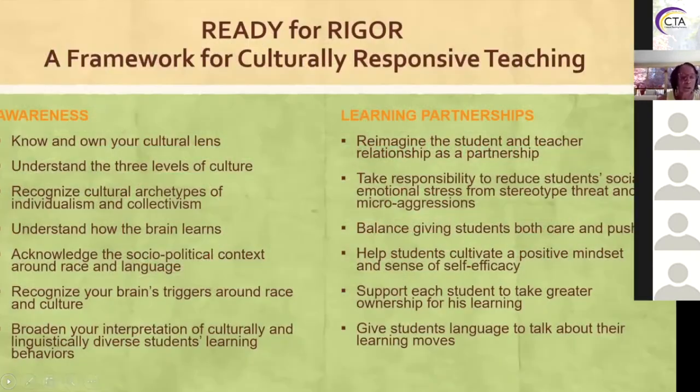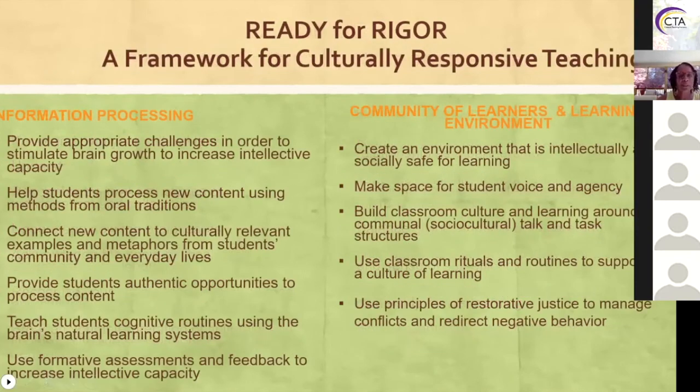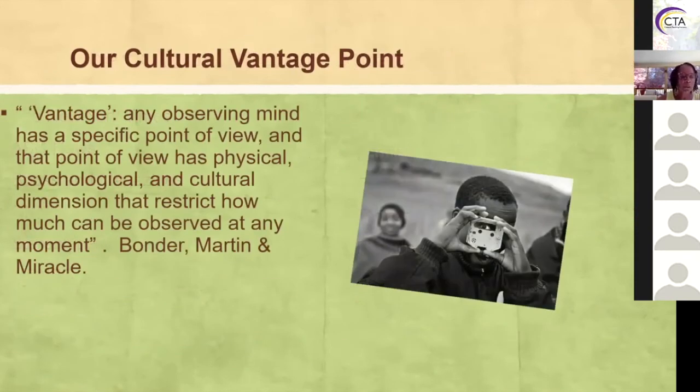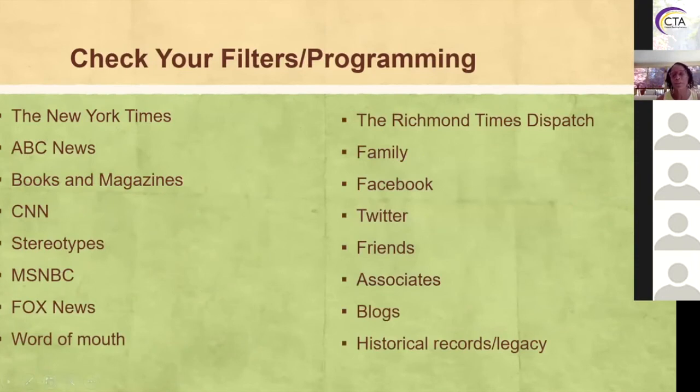I'm going to jump ahead because I want to ask this and then I'm going to stop. I want to leave you with this and then have a little dialogue in our last few minutes. So when you're thinking about those reflection questions, I want you to also think about your filters and some of the programs that may have impacted all of us and how we see the world.